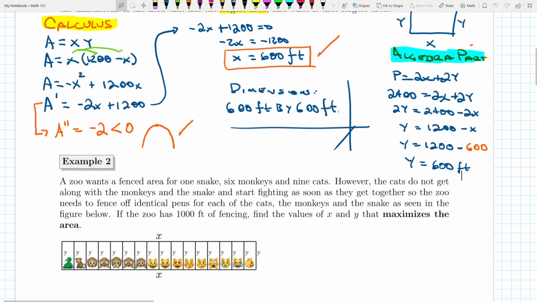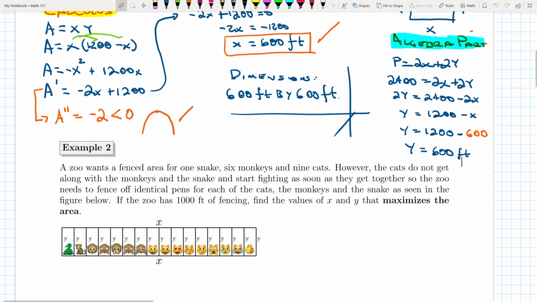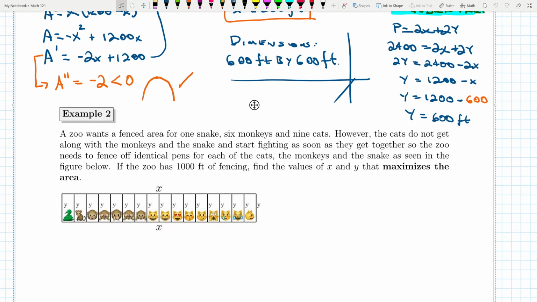A very similar situation. So what if in this case you want to construct an area fenced into multiple pens? For example, in this case, we have a zoo that needs to fence one snake, six monkeys, and nine cats.